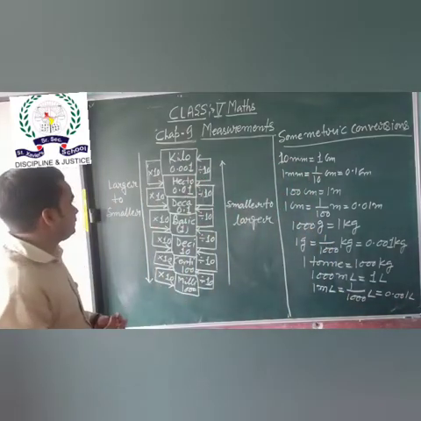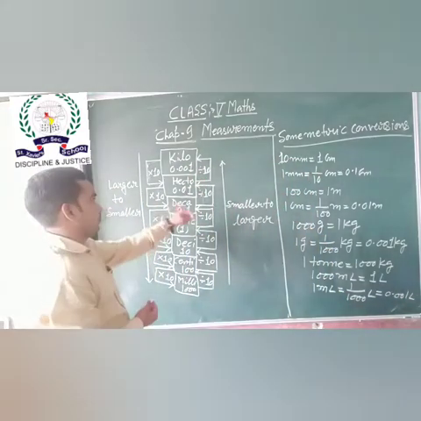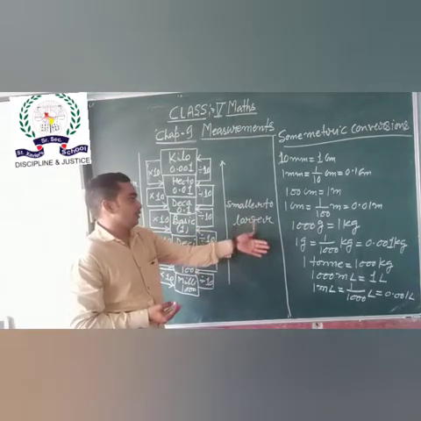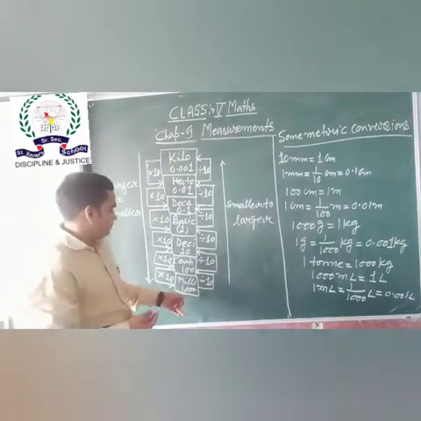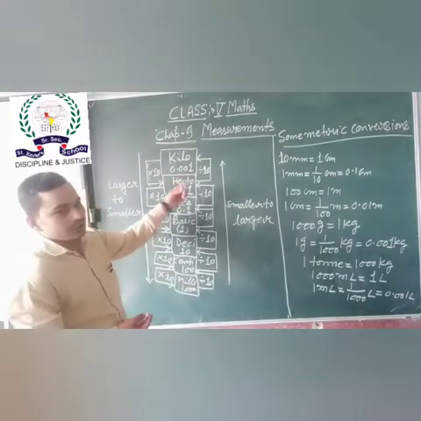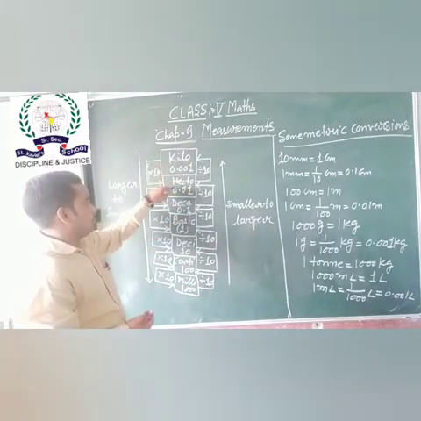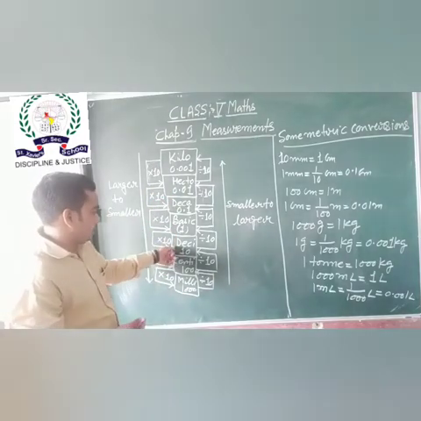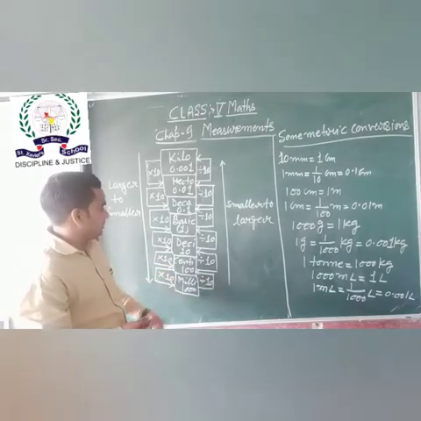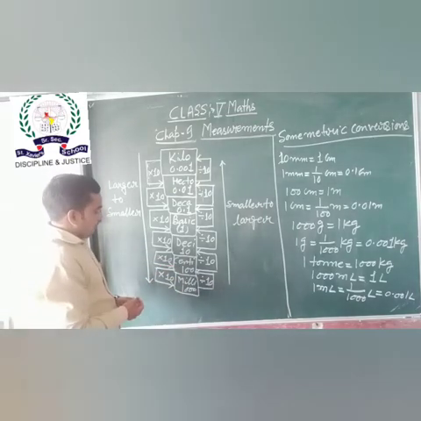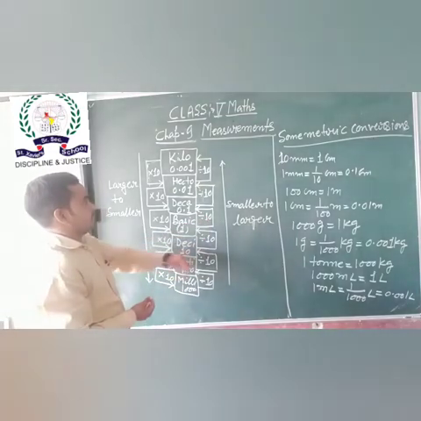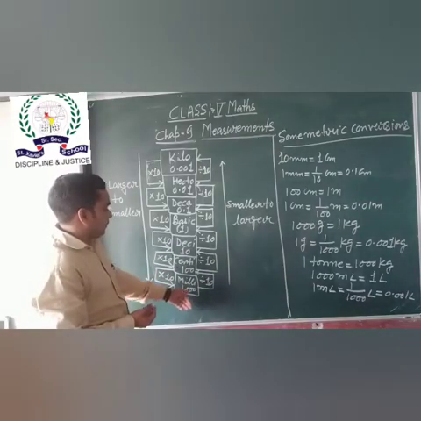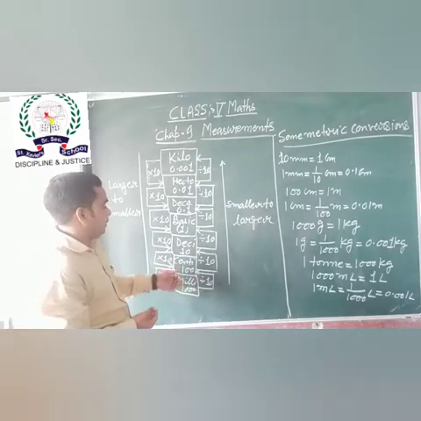The scale of the metric system is given. On the right side, we have smaller to larger. Kilo, hecto, deca, the basic unit 1, deci, centi, then milli. Milli is 1000, then we divide by 10, that is centi, 100.